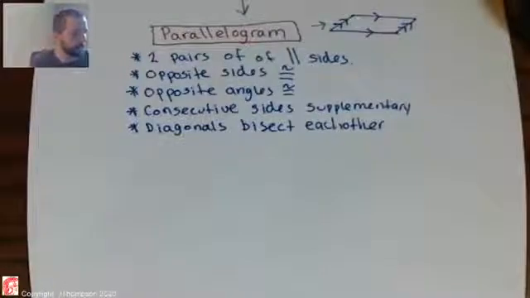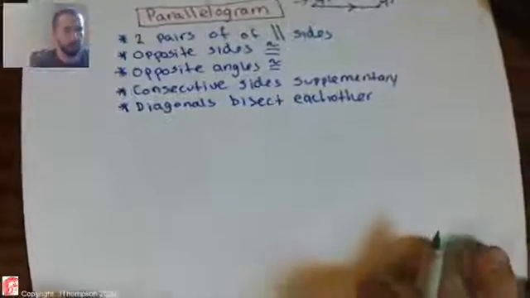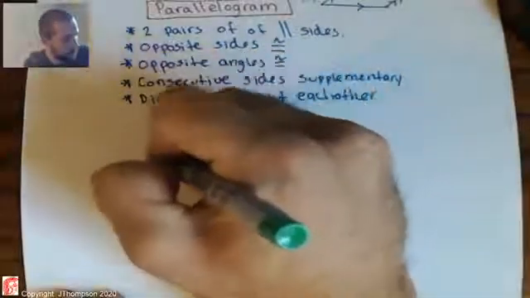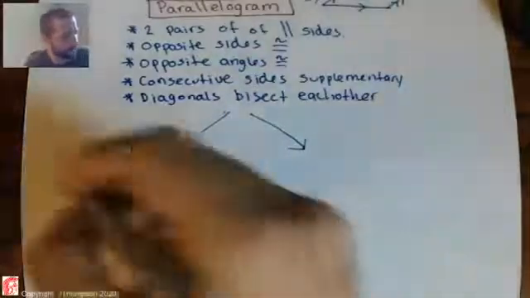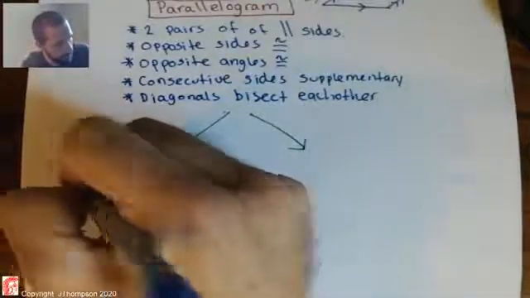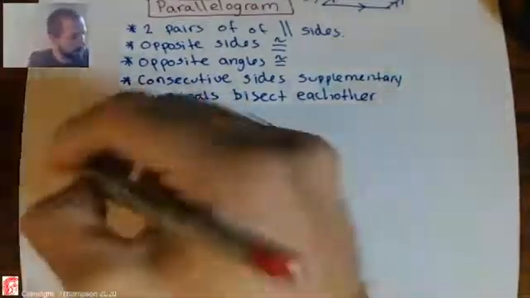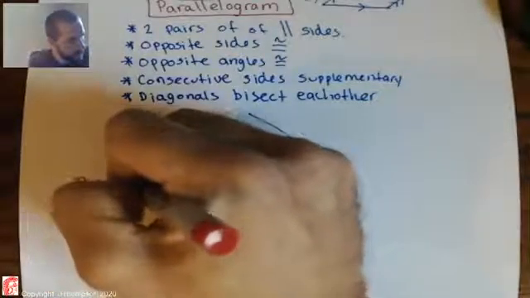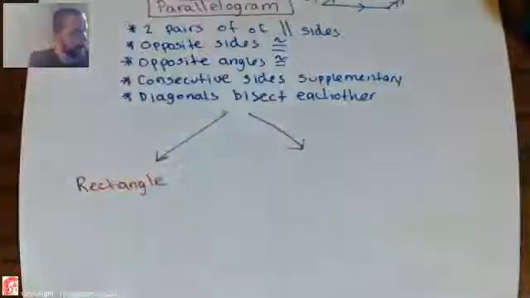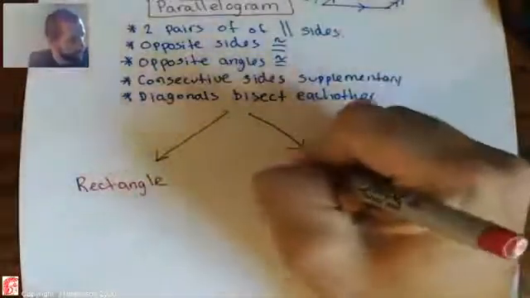Okay, and then what we're going to do is take a parallelogram and break it into two special types of parallelograms. So I'm going to continue our flow chart by breaking a parallelogram into two different shapes. Okay, the first shape is the rectangle. And then the next shape is a rhombus.